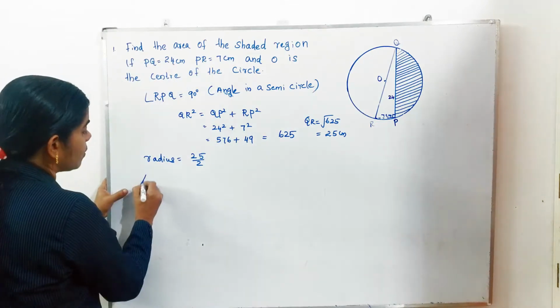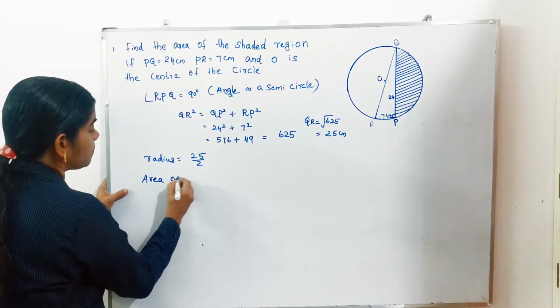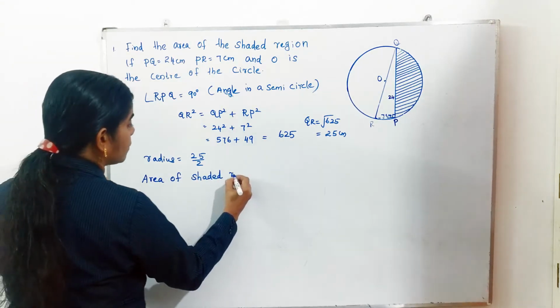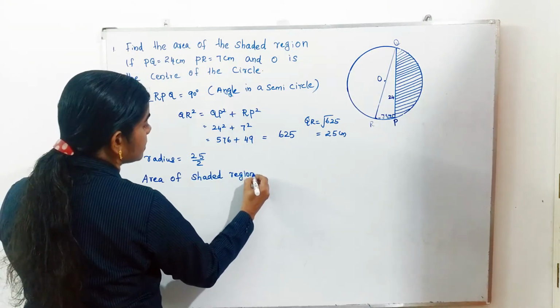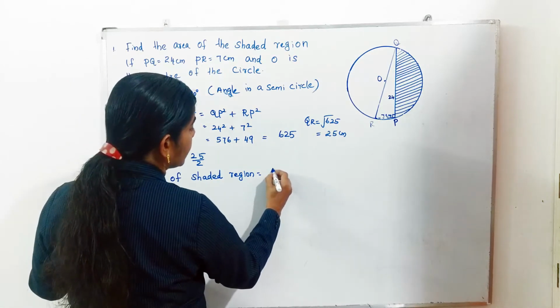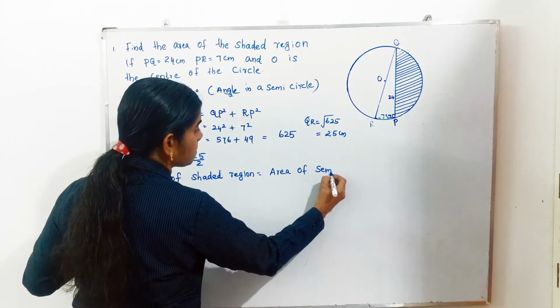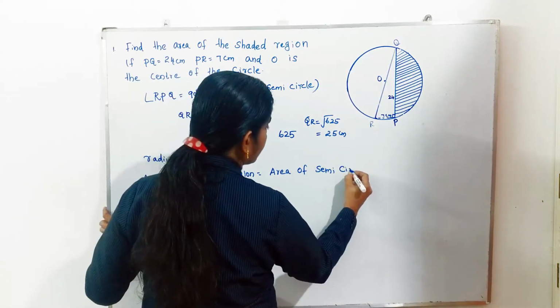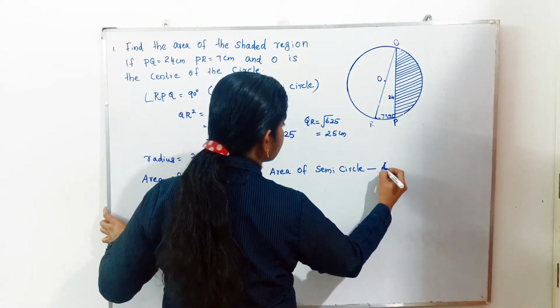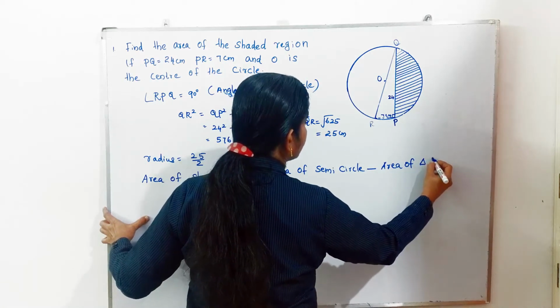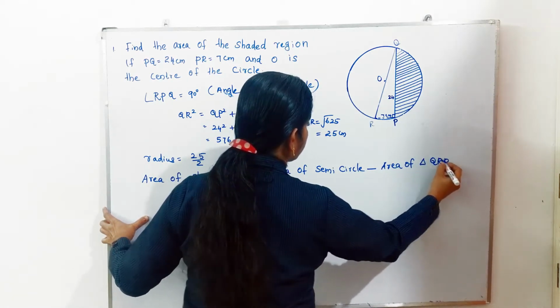So area of the shaded region is equal to area of semicircle minus area of triangle QRP.